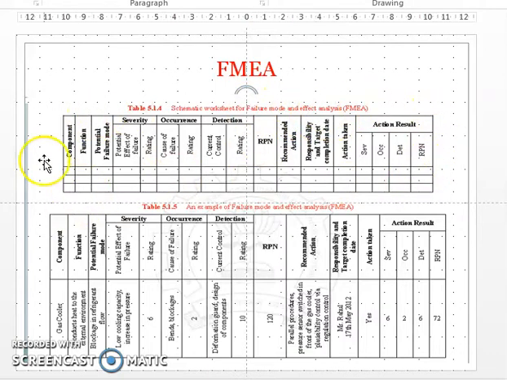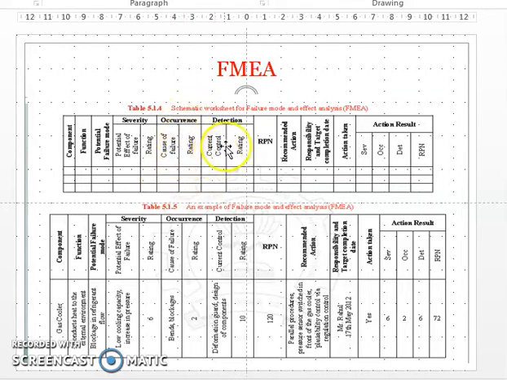This document contains the component, the function of the component, and the potential failure mode of that component. After that, the severity and its rating, and the causes of failure and its rating, which is called occurrence.